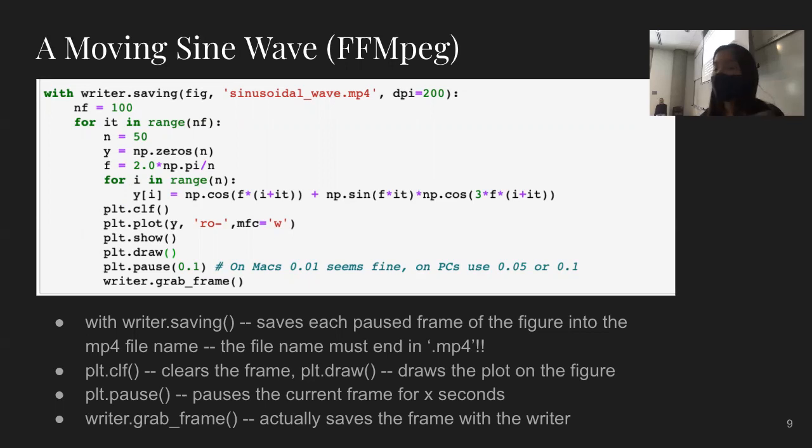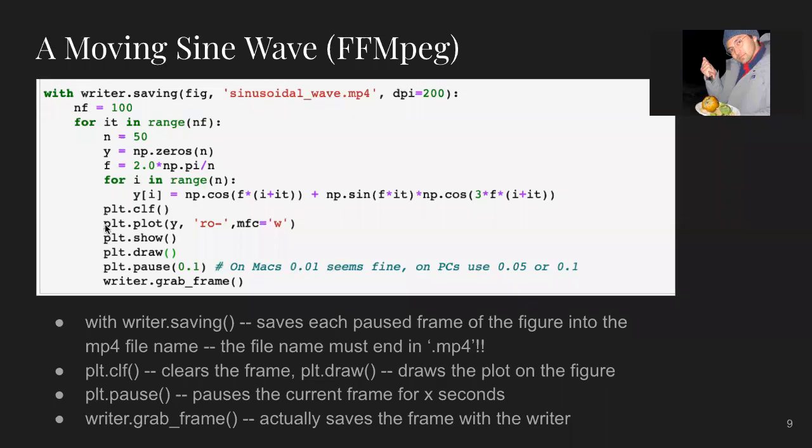You have to make sure you have the indentation right, so Python knows what the word with means. Basically, it means that in this block, writer.saving exists, and outside of it, you don't use it. Here we have F, which is our number of frames, and a for loop to loop through each frame.